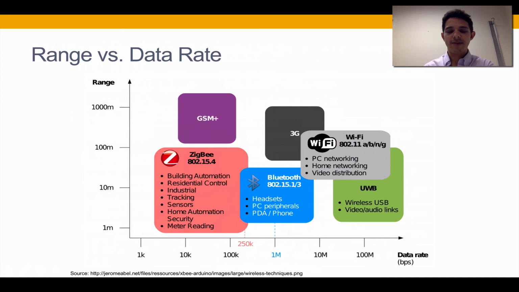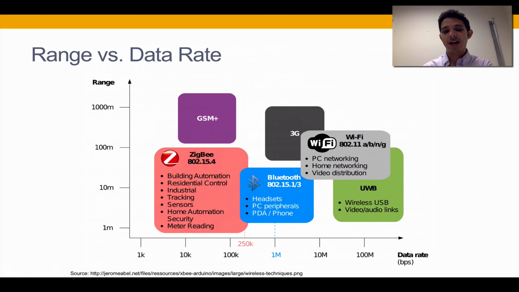They also have various aspects when it comes to range. Things like GSM, 3G, 4G, LTE have larger ranges, generally speaking. ZigBee has a limited range, but compared to Bluetooth at least, it typically has a larger range.